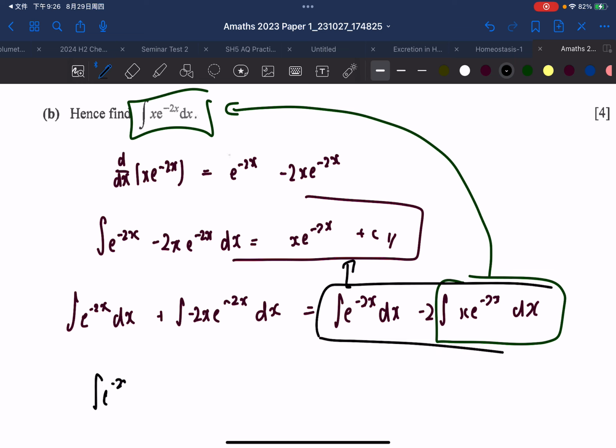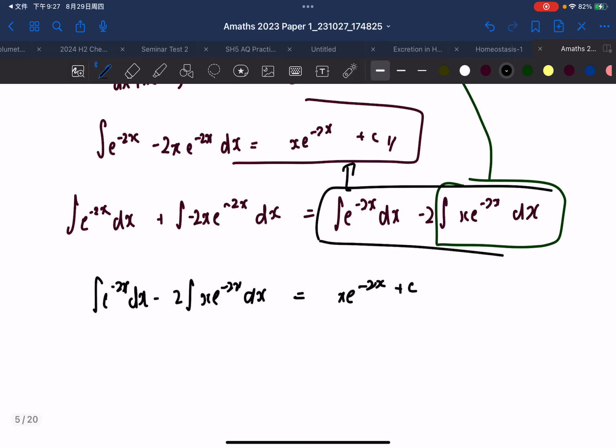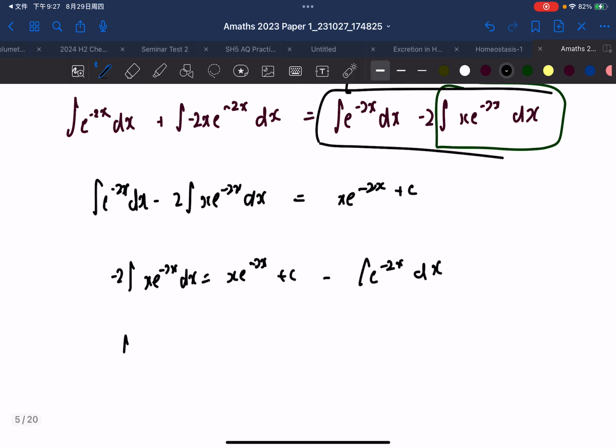So this minus this dx is equal to x e 2x plus c. Then negative 2x e negative 2 dx is equal to x e negative 2x plus c minus this. And the integral of x e negative 2x dx is what the question wants us to find, right?